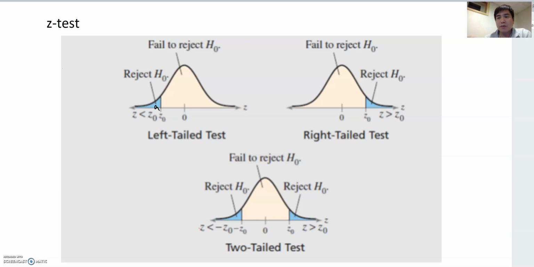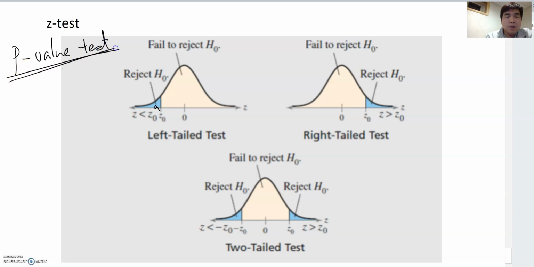The difference between the p-value test and the z-test is this. In the p-value test case, we set up the alpha value and then find the p-value of each sampling distribution data, and then we compare alpha and the p-value. It sounds like we are comparing their percentage values and then making a conclusion.